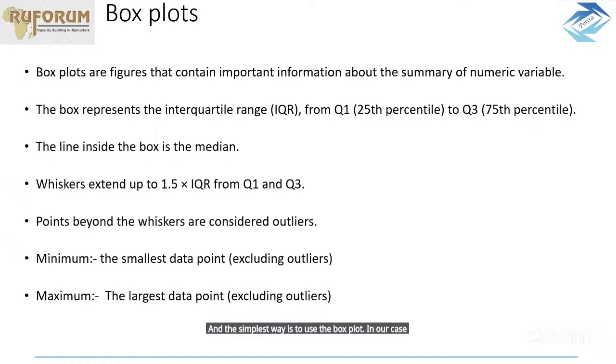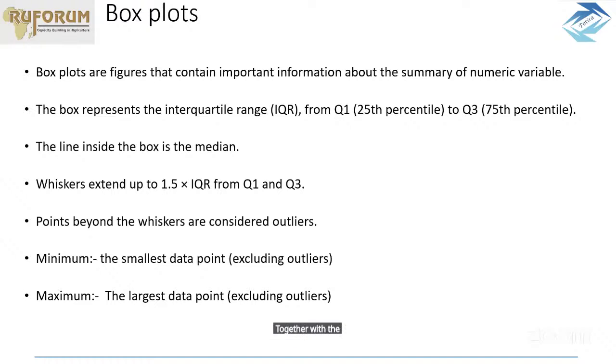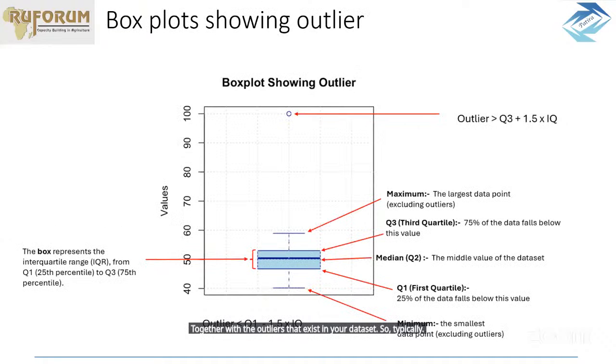So a box plot contains lines. It has the median, it has percentiles, it shows you the minimum values, the maximum values, together with the outliers that exist in your data set. So typically, a box plot looks like this.